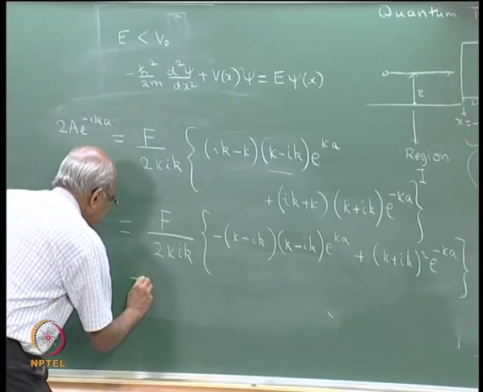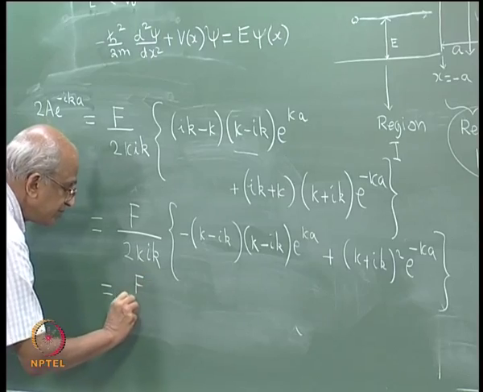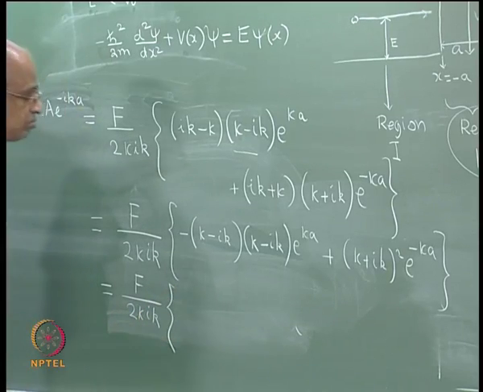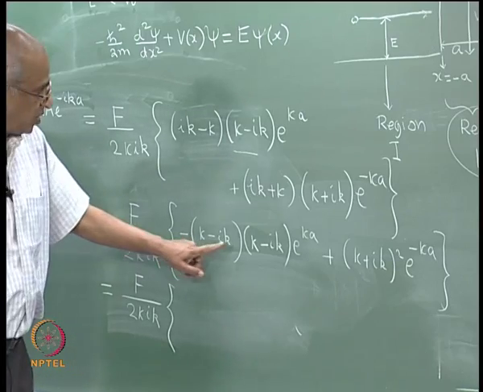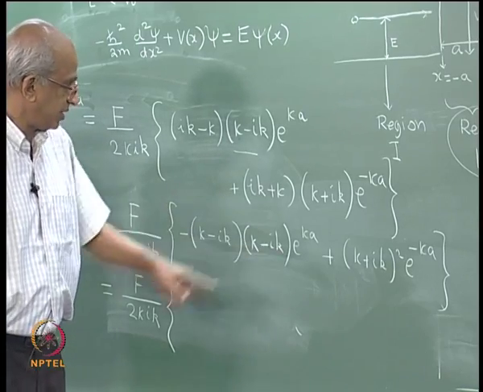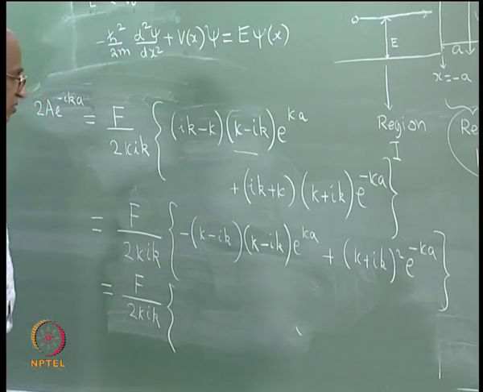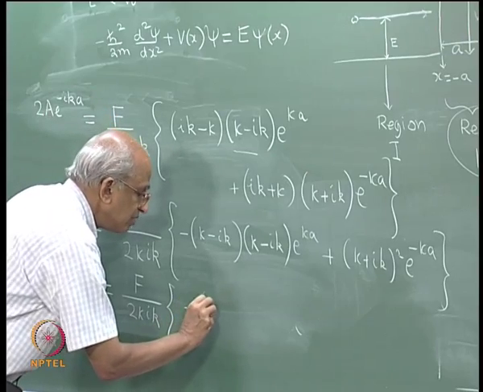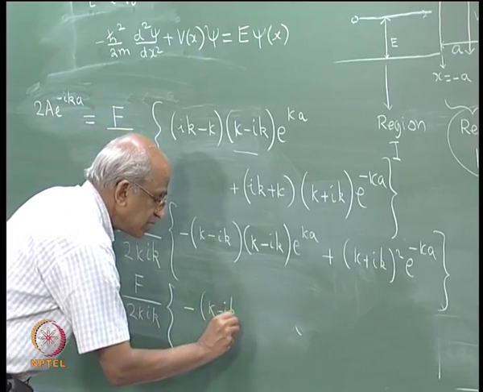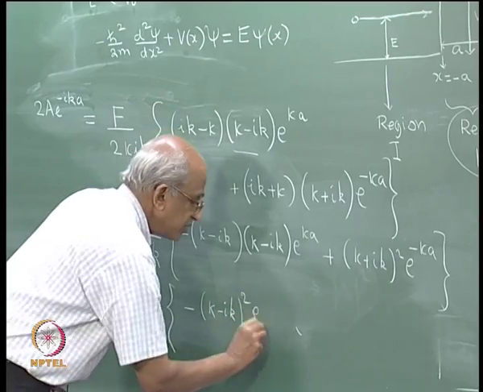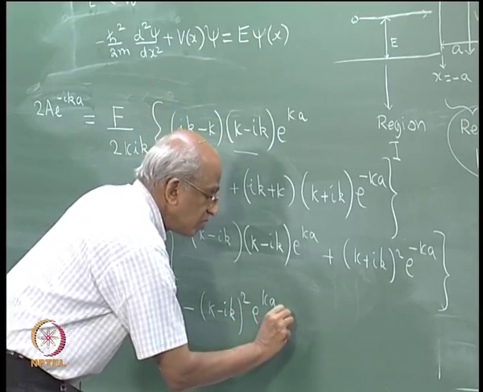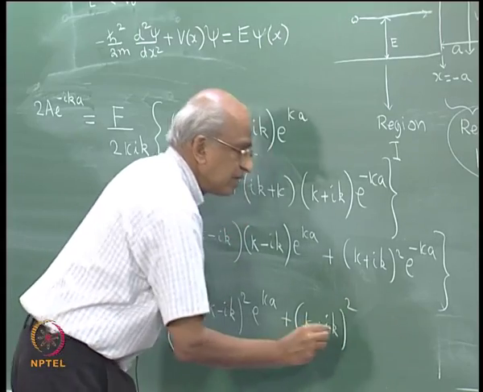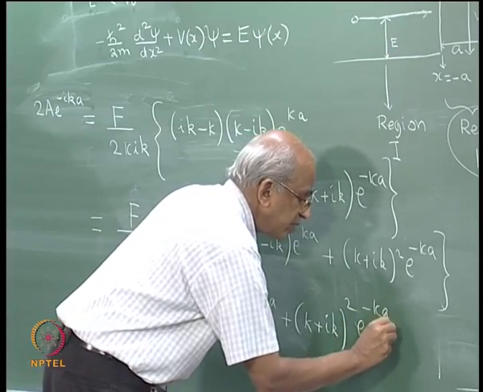Well, let me again do one more simplification. Kappa minus ik into kappa minus ik, that is actually kappa minus ik the whole square. So, therefore, you are going to get minus kappa minus ik the whole square e to the power of kappa a plus kappa plus ik the whole square into e to the power of minus kappa a.